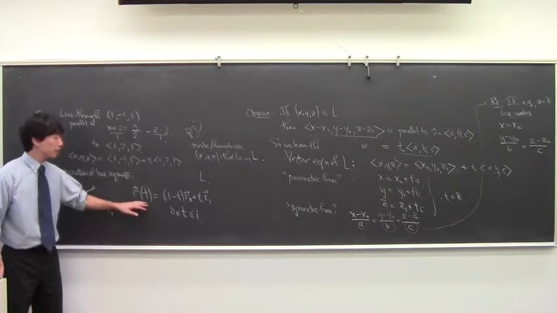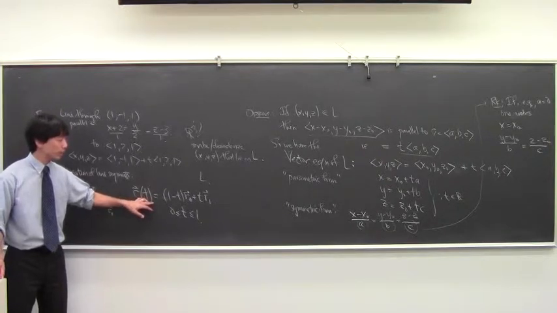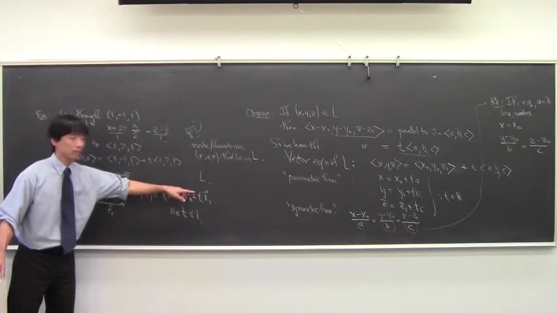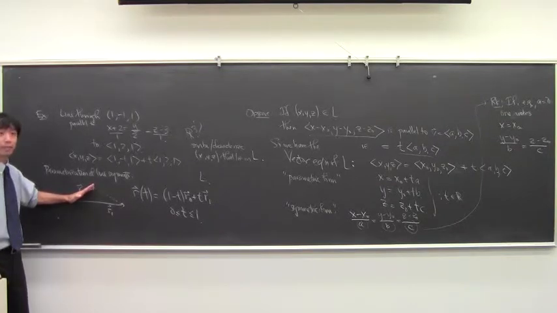Okay, so let's think about what this is. It's a function that spits out a vector. The vector it spits out at time 0, well, r of 0 is going to be the first guy plus 0 times the second guy. So at time 0, it spits out this guy. And then at time 1, it'll give you the other guy.